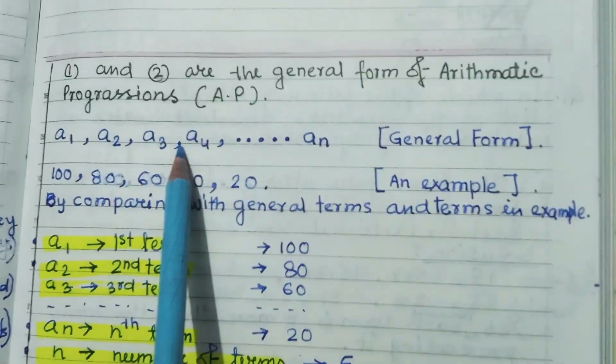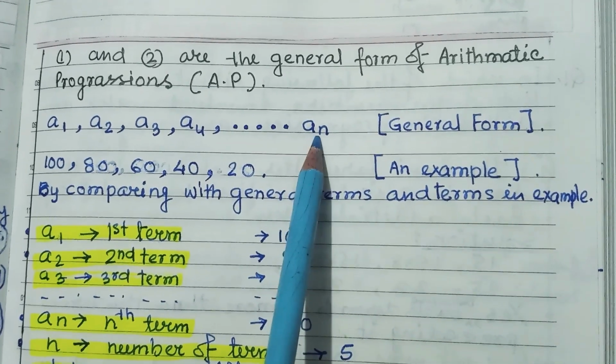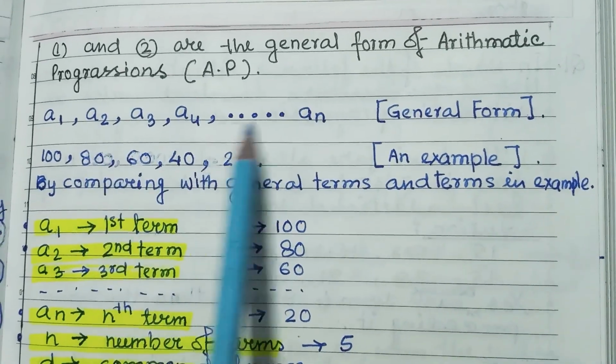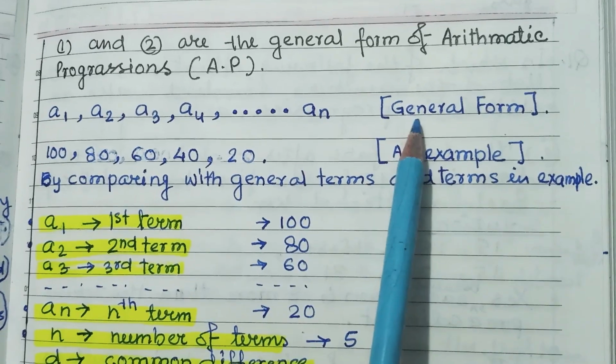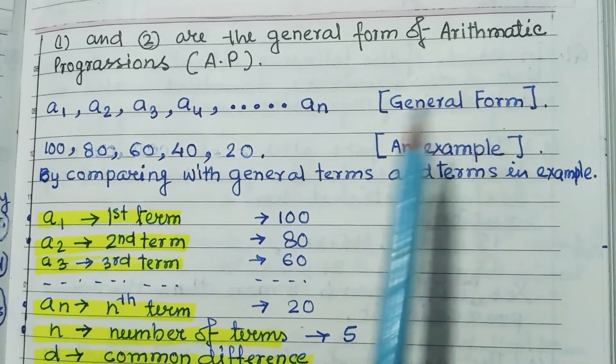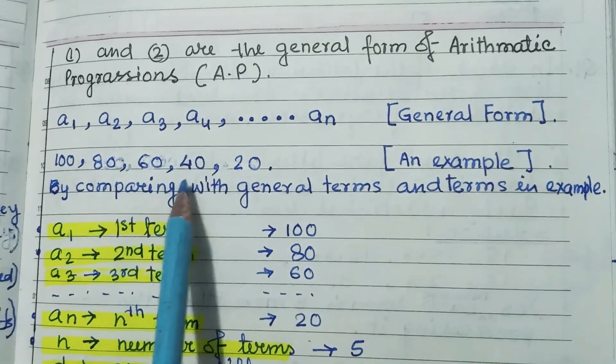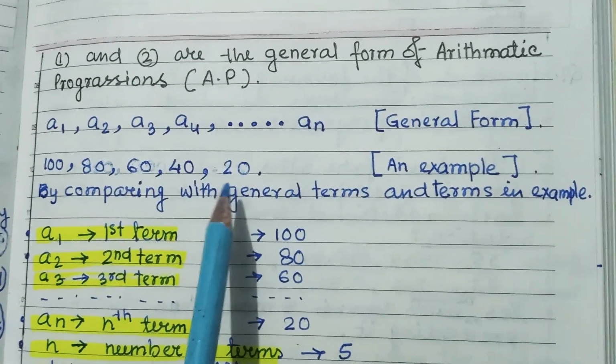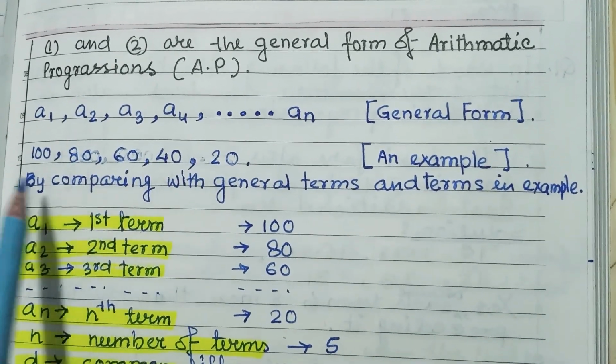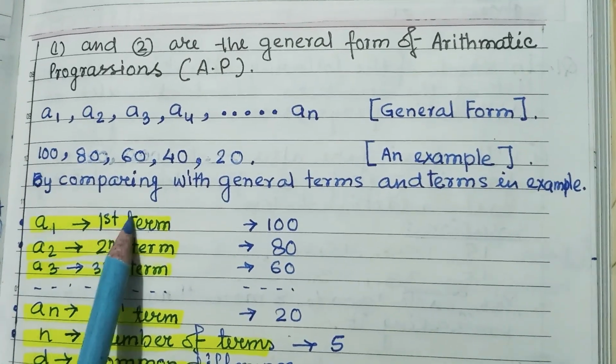Now, this is the general form. As the last term is also given, it is called the finite AP. Now one example I have given: 100, 80, 60, 40, 20 is an example of an AP. The first term is called A1.